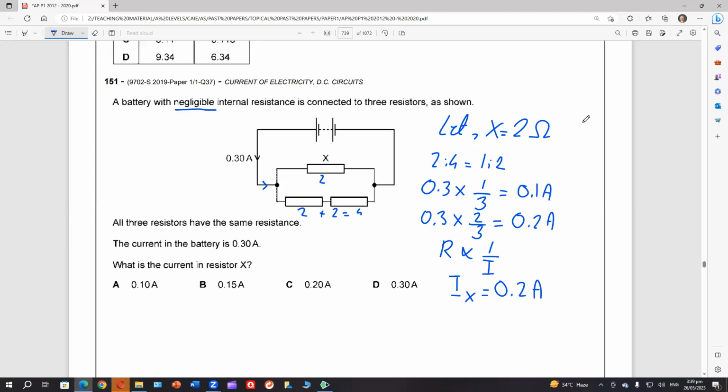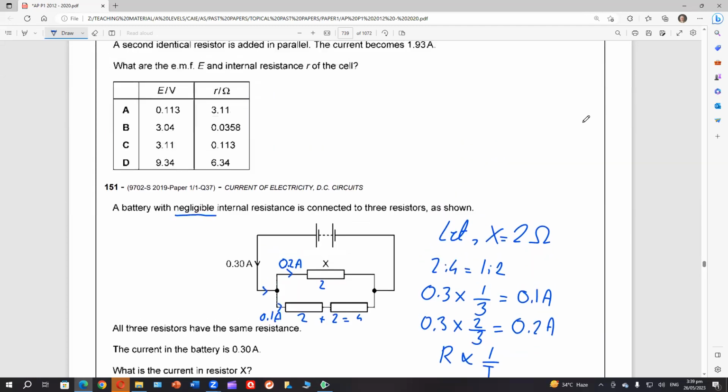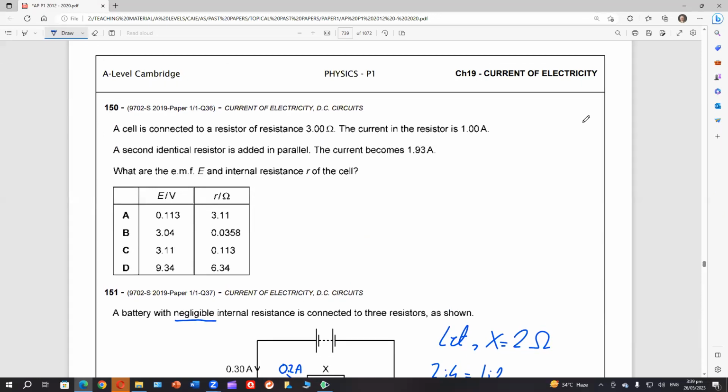Resistance and current are inversely proportional in parallel. So you will get 0.2 ampere here and you will get 0.1 here because it's 4 ohm. So in the line of 4 ohm, you will get less current. Okay, I got it. So in parallel, resistance and current are inversely proportional.